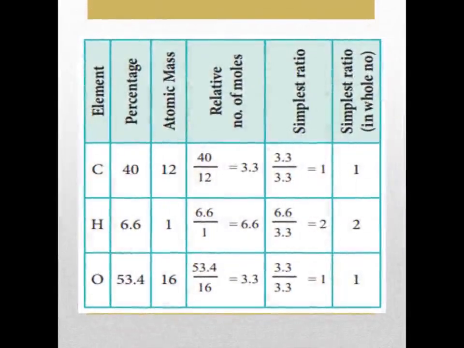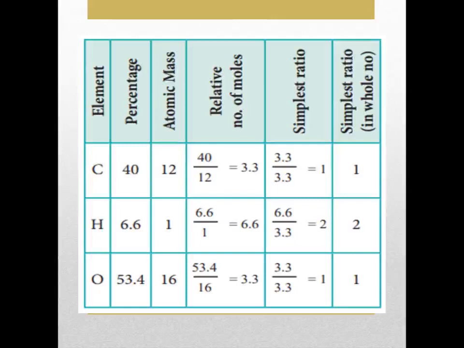Now, see another example. An organic compound present in vinegar has 40% carbon, 6.6% hydrogen, 53.4% oxygen. Now, for elements C, H, O, the percentage is taken as grams: 40, 6.6, 53.4. The atomic mass of carbon is 12, hydrogen is 1, oxygen is 16.